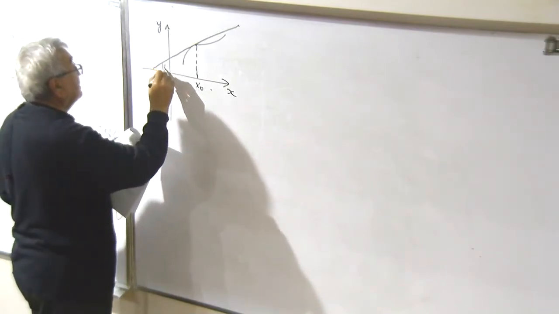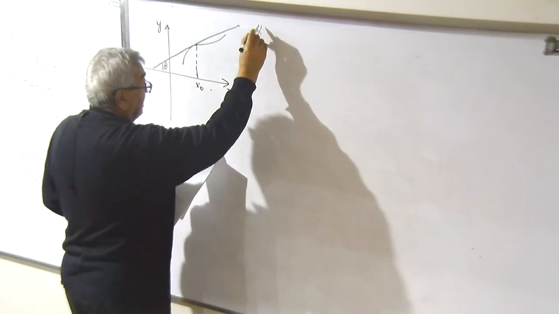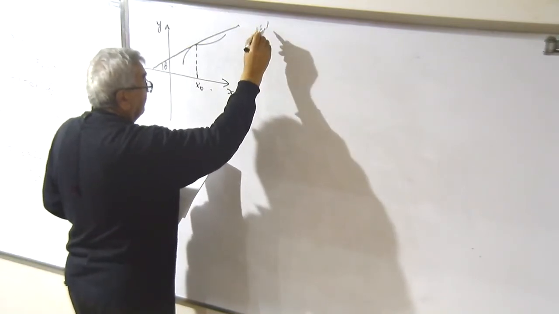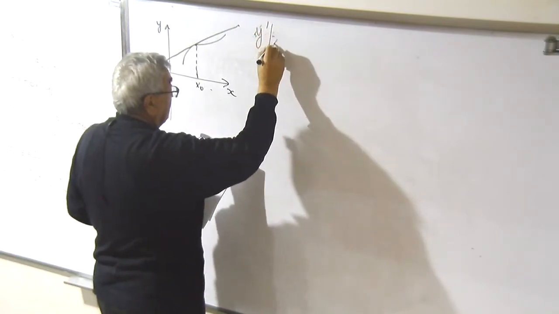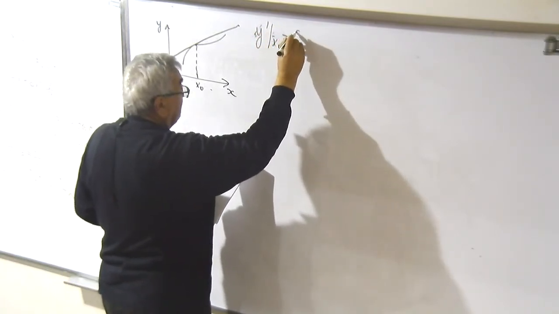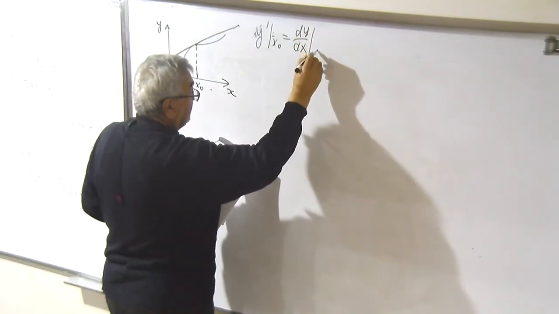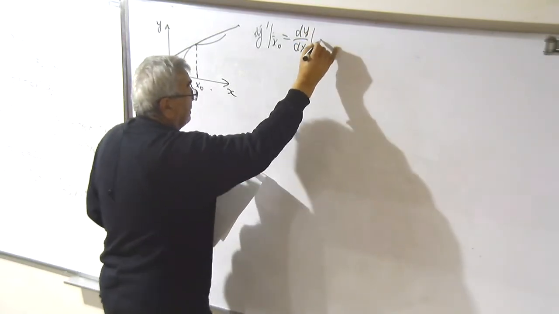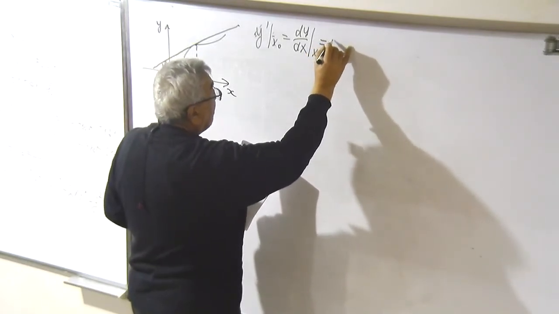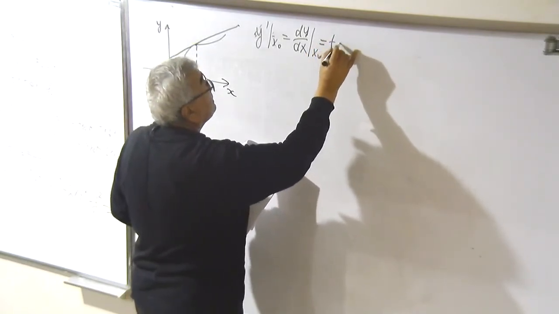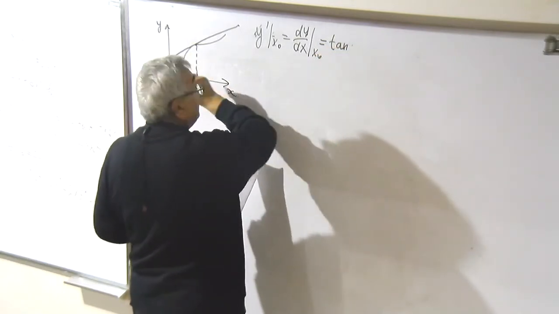This is the graph which defines the slope, or here the angle theta. That means y prime at the point x naught will be equal to dy by dx, the derivative at the point x naught, and this should be equal to the tan of the angle.